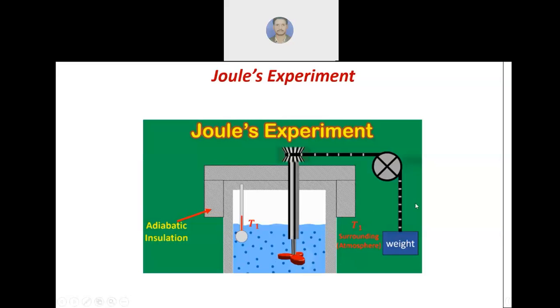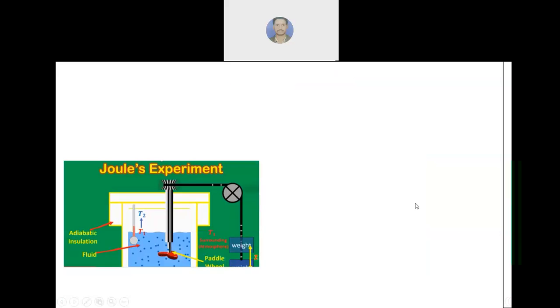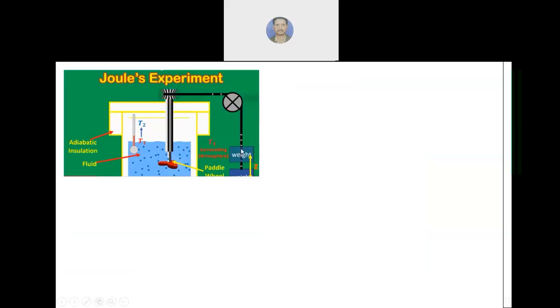Now what are we going to do? We have lowered the weight by some distance z. This weight was suspended vertically downward, and we have pulled it down and moved it a distance z. What will happen?